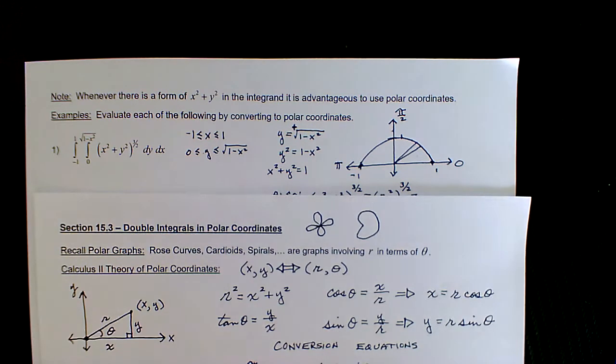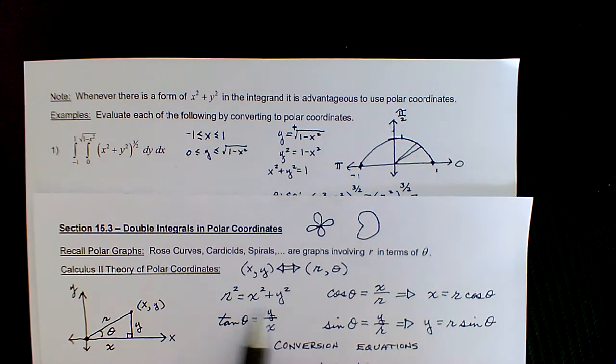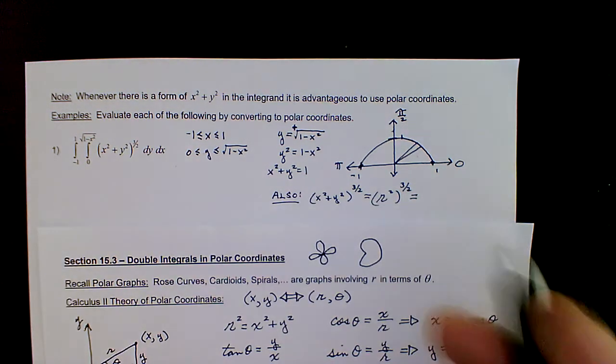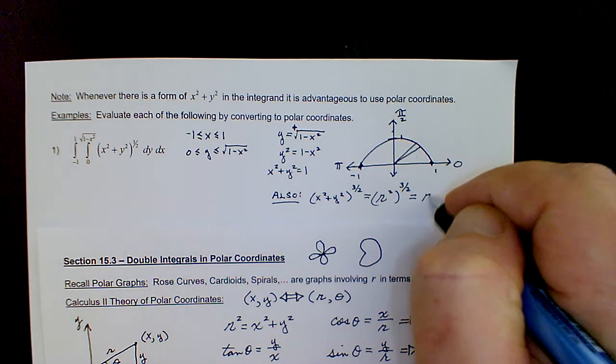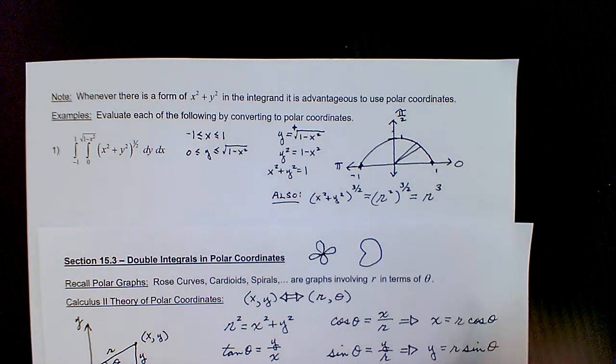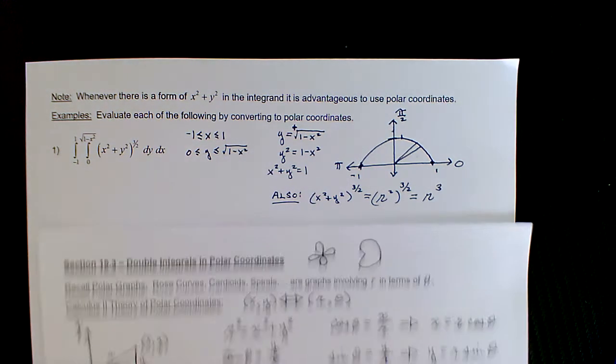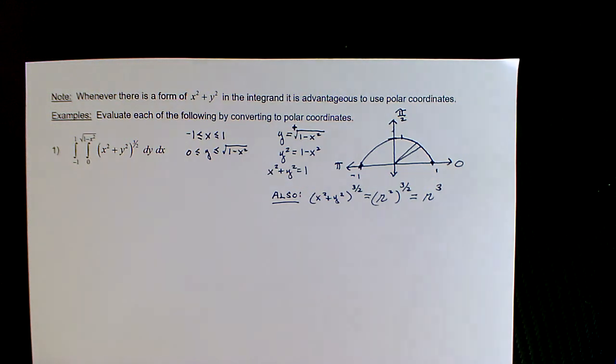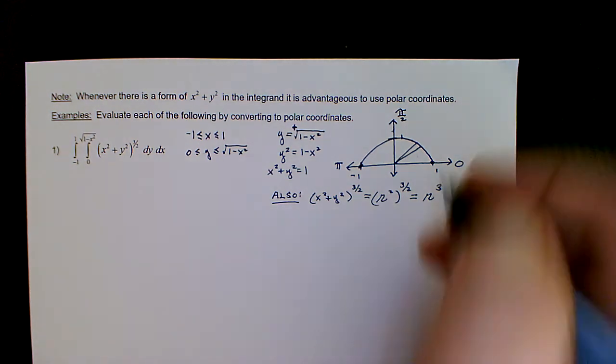Always remember r squared is x squared plus y squared. So that would give us r cubed for the integrand. Oh, and also the formula for the volume. Actually, this one's just telling us to use it. It's not telling us to plug in to find the volume, so we don't need to state that.